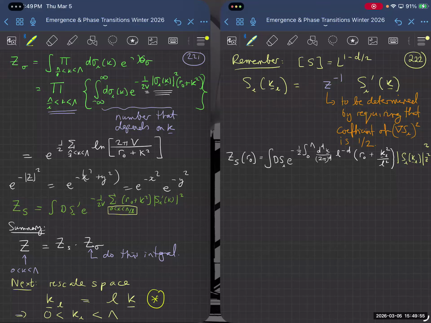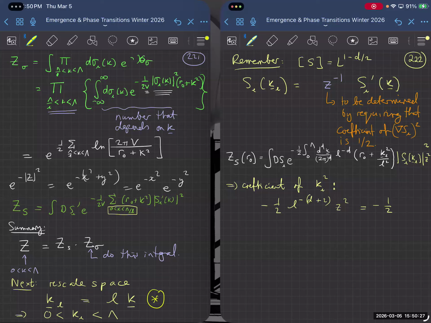And so if I look at the coefficient of KL squared, that coefficient is the following. It's minus 1/2 L to the minus D plus 2 times Z squared, and that should equal minus 1/2.